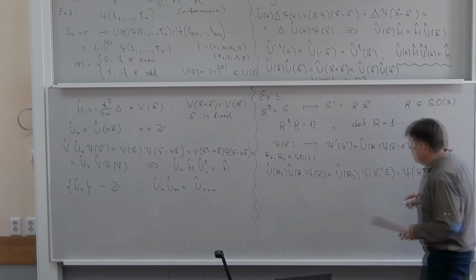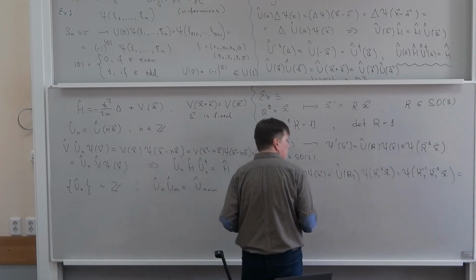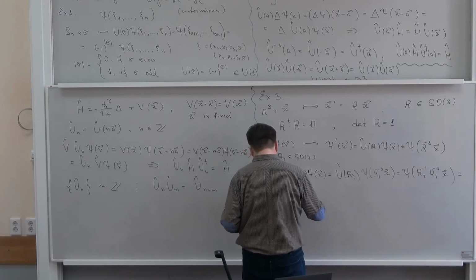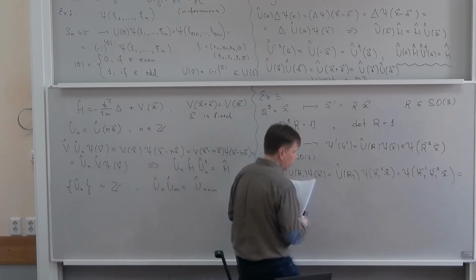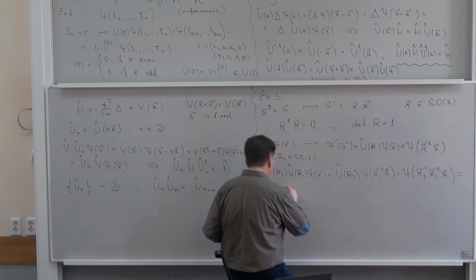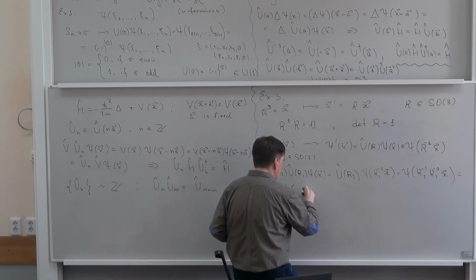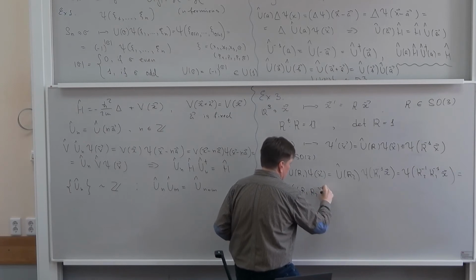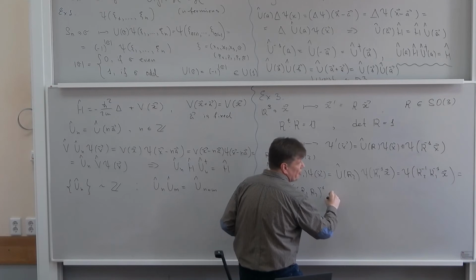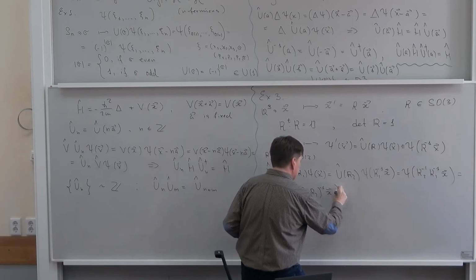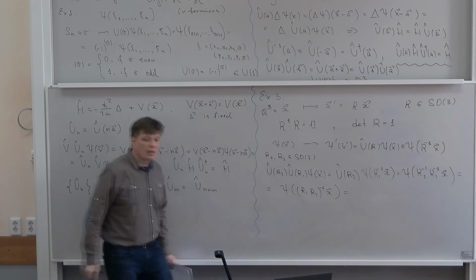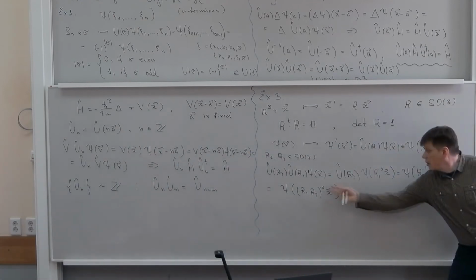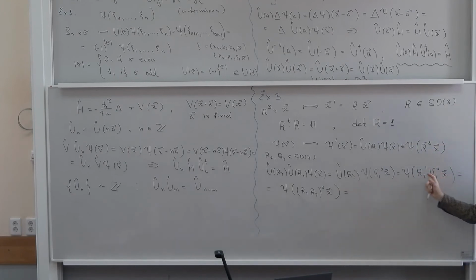And finally, I can write this as the action of U of R. I can write this also as R1 times R2 to the minus 1 power, x. Remember that inversion interchanges operators, right?